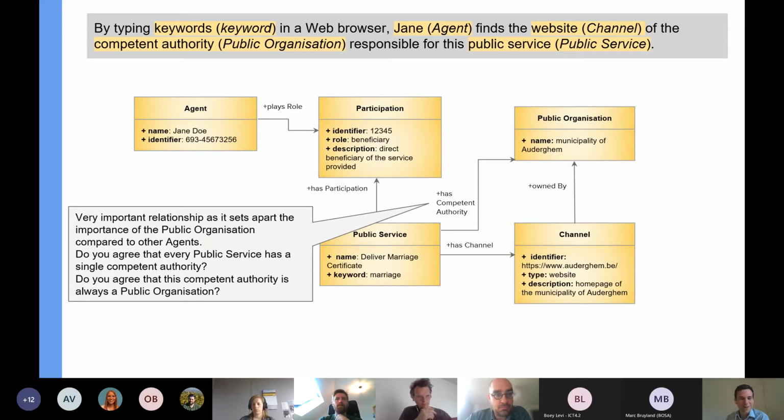Yeah, but you still mentioned that there's always one ultimately responsible for the service. Is that correct? That's a rather abstract notion. In the end, the federal government may be responsible for delivering a marriage certificate, but I don't know the specifics.